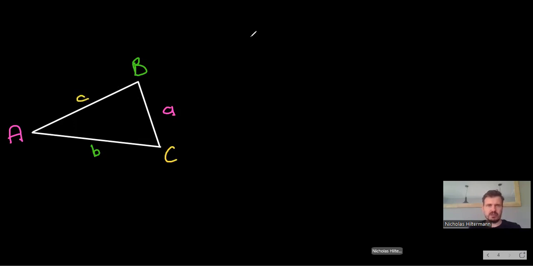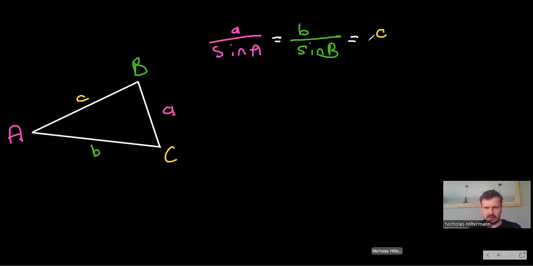And so this formula, the first one, is the sine formula. So a over sine A equals b over sine B. I'm going to probably rush through this bit because I feel like the sine rule may be the simplest, but c over sine C.